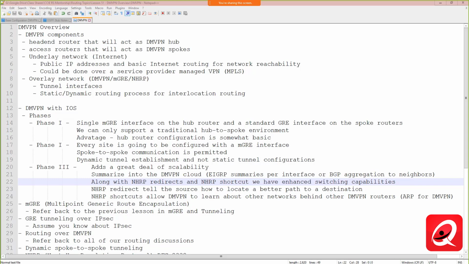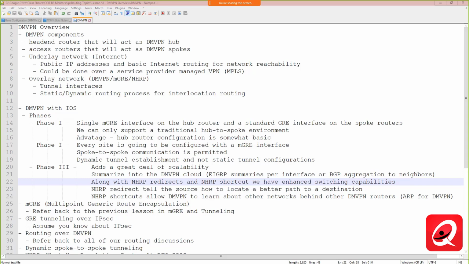It seems relatively simple to understand how DMVPN is configured. But the reason we have potentially 11 hours of discussion on this topic is because of all the considerations that have to be taken into account when using these modern IGP routing protocols, or even an EGP routing protocol in the form of BGP, incorporating route reflector design and so on.